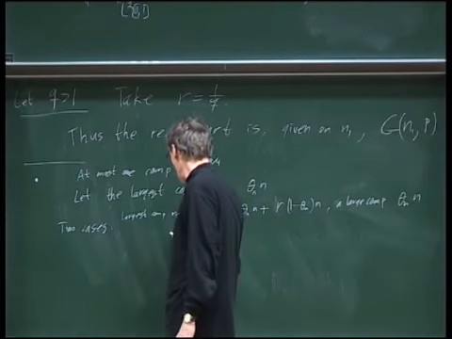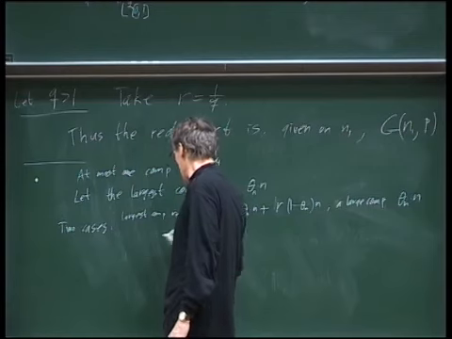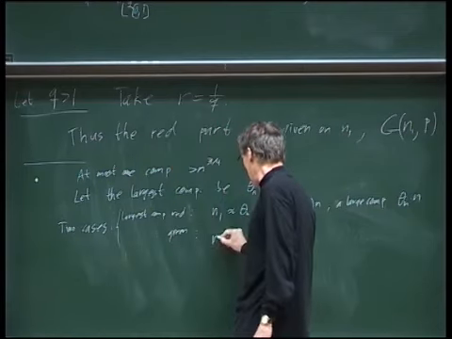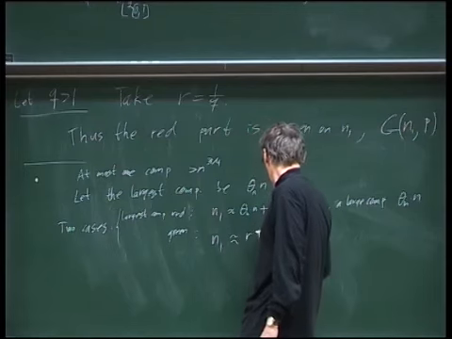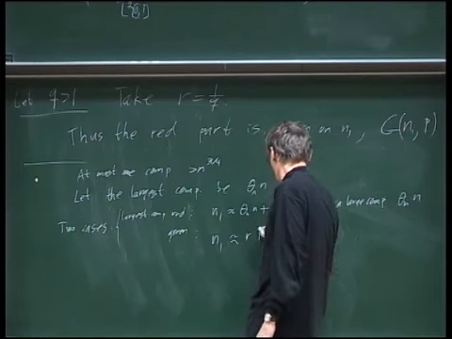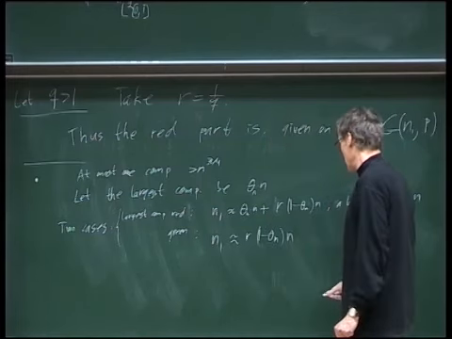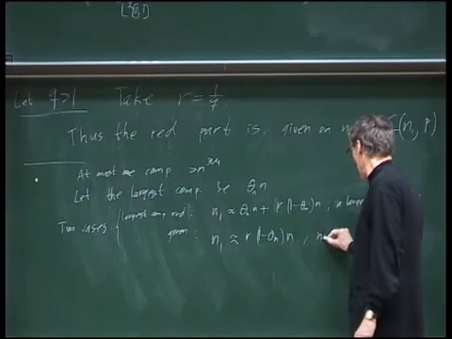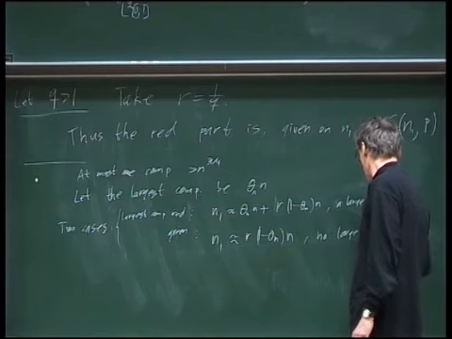Or the largest component is green, then n1 is just r times (1 minus theta_n) times n, and we have no large component.